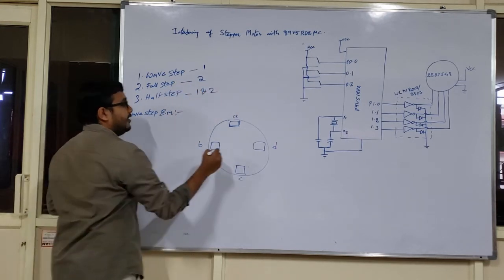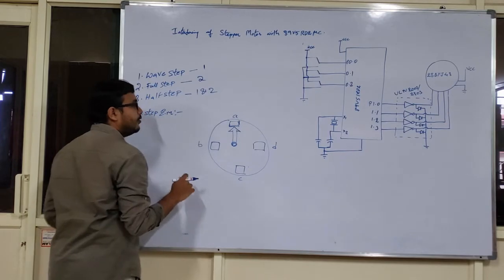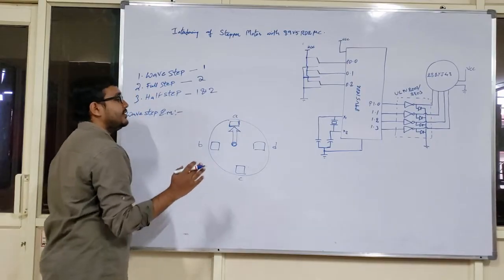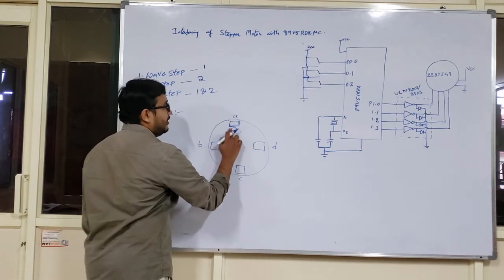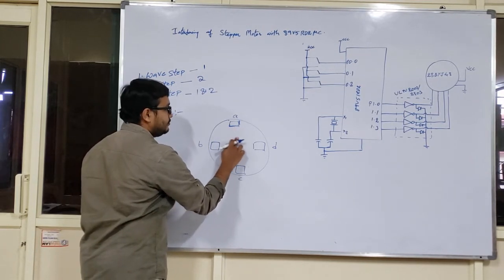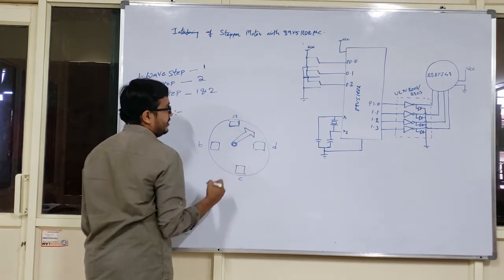That means if my shaft pointer is towards A phase, and my shaft is taking a clockwise direction, then at the next pulse, my shaft direction will be in between A and D phase.